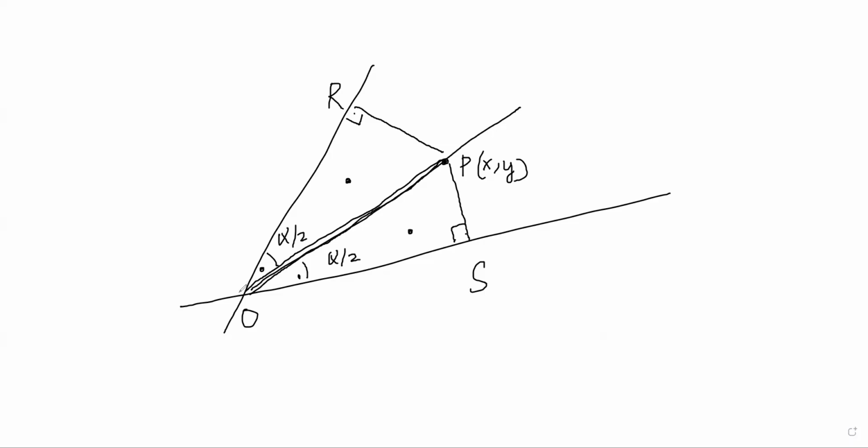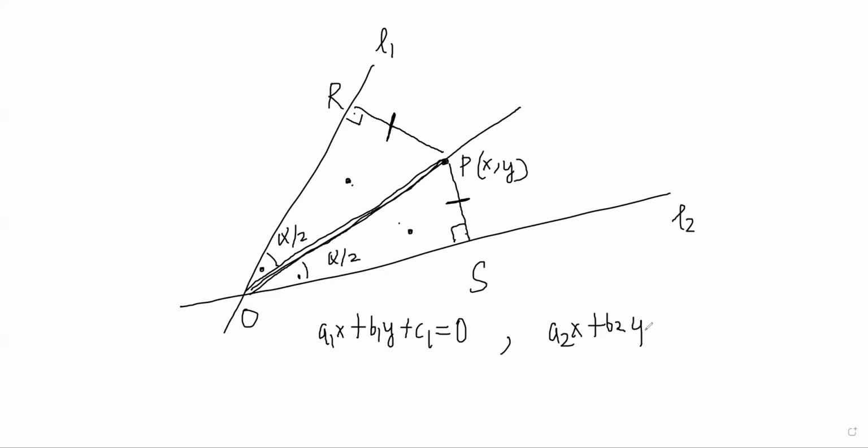And because these two triangles are congruent, PR must be equal to PS. And how do I write the condition that PR is equal to PS? If line 1 and line 2 equations are given by a1x plus b1y plus c1 equals 0 and a2x plus b2y plus c2 equals 0, what is the distance PR?